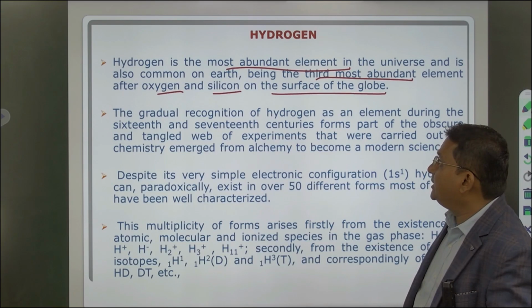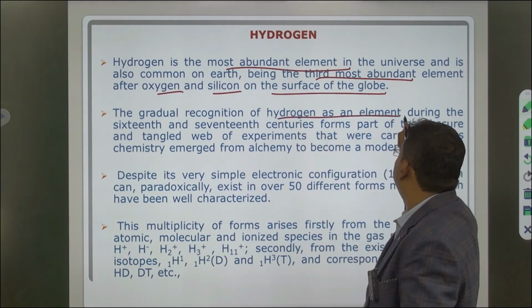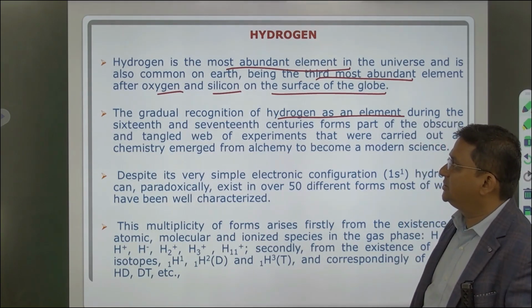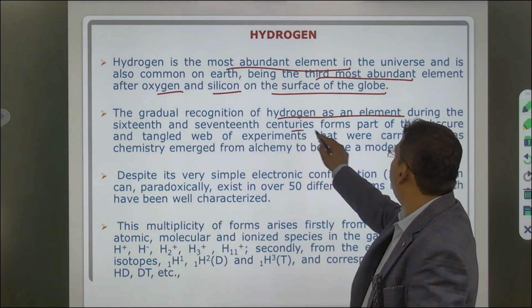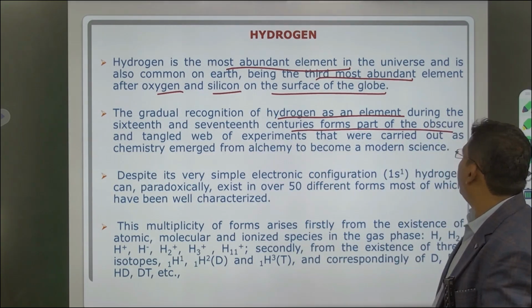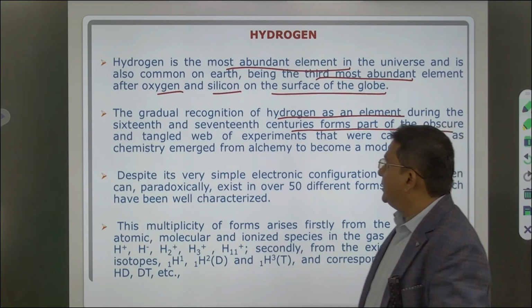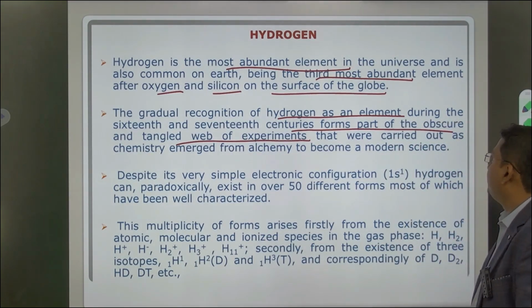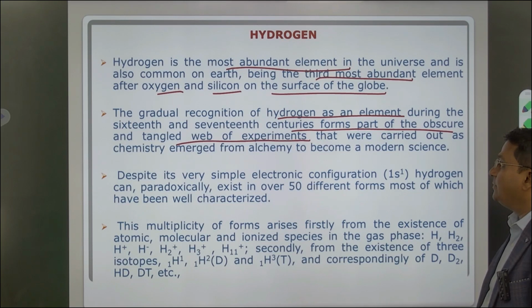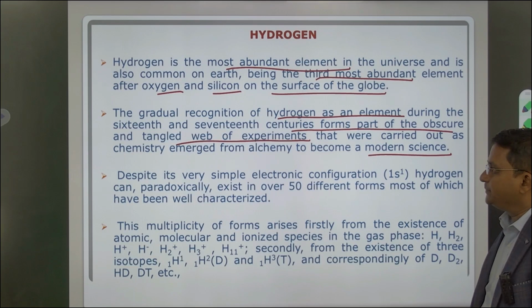The gradual recognition of hydrogen as an element during the 16th and 17th century forms part of the obscure and tangled web of experiments that were carried out as chemistry emerged from alchemy to become a modern science.